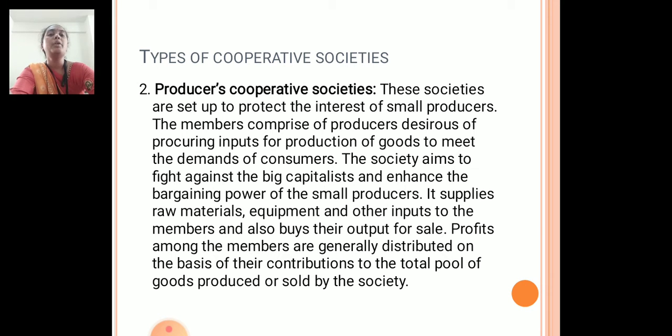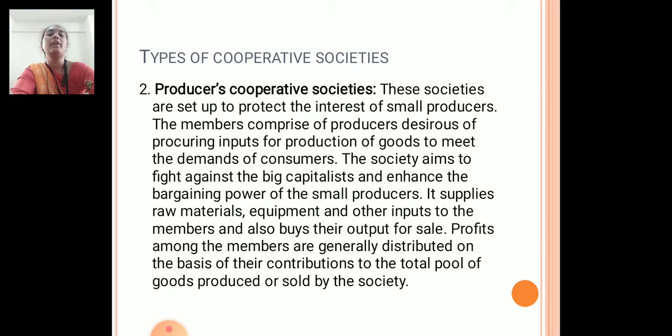Here, the cooperative society helps the members, the small producers, in procuring the inputs for production so that they are able to meet the demand of the consumers.